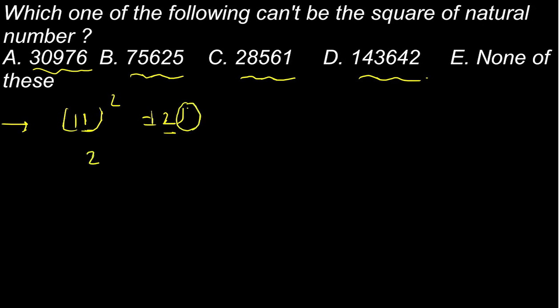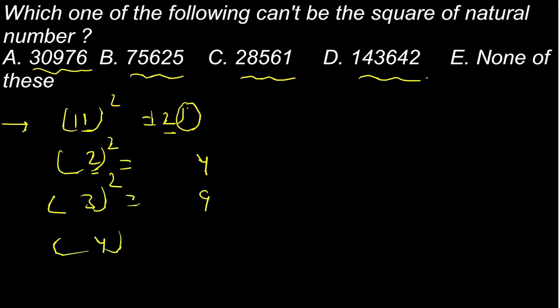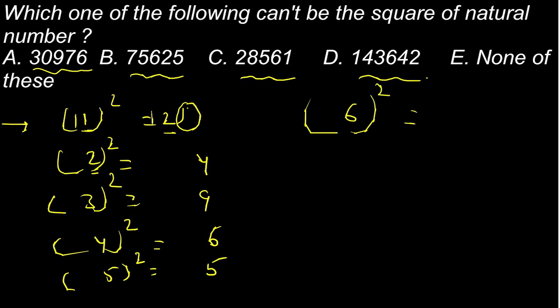Now 2 square, so any number which is ending on 2, its square will end on 4. Any number which is ending on 3, its square is ending on 9. Any number which is ending on 4, the square of this number is ending on 6. Any number which is ending on 5, its square will end on 5. Any number ending on 6, its square will end on 6.